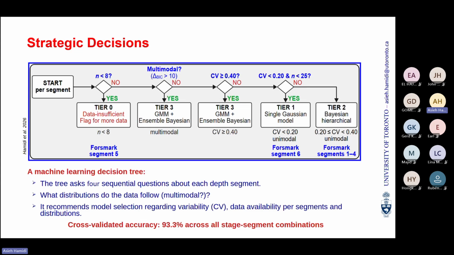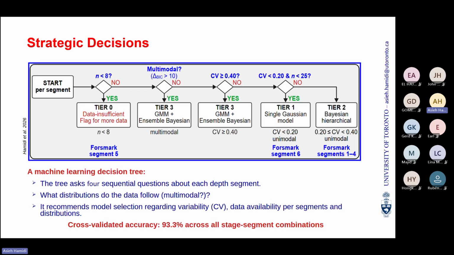This is what I'm currently updating dynamically. This decision-making framework is an automation of our work. It asks sequential questions: what kind of distribution our model has, what kind of variation it has, how much data we have, and per segment.